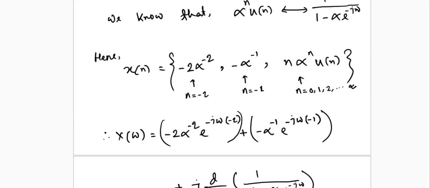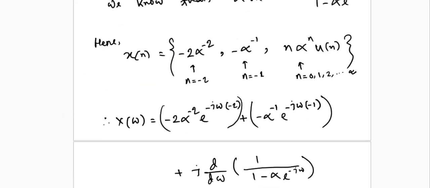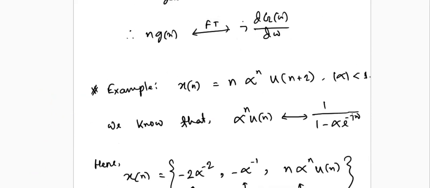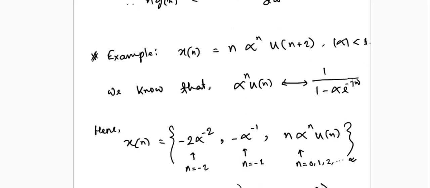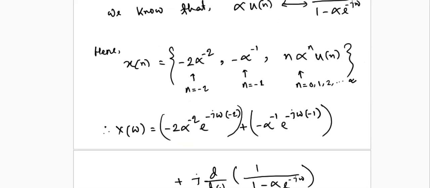And then the third section. This form is known to us: n times g[n] is equivalent to this if you do the Fourier transform. So now we can use this formula. n alpha to the power n u[n], we know the Fourier transform of this part. We have already known that, and this is the format.